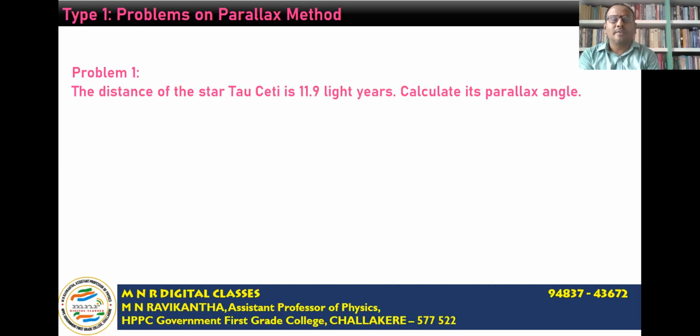The first type of problems are based on the parallax method. In this method, we are going to solve the problems relating with the parallax angle of a star with its distance. The first problem is: the distance of the star tau Ceti is 11.9 light years. Calculate its parallax angle.